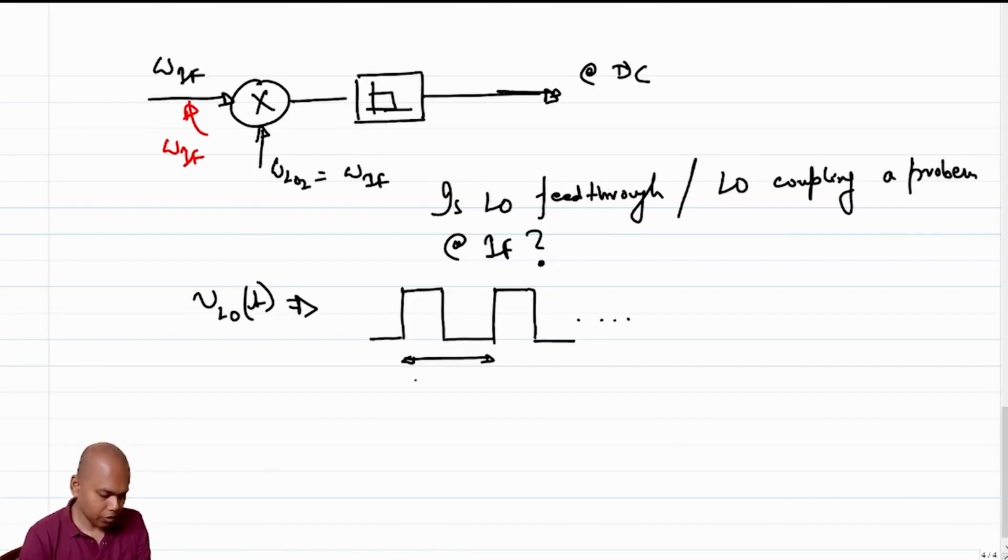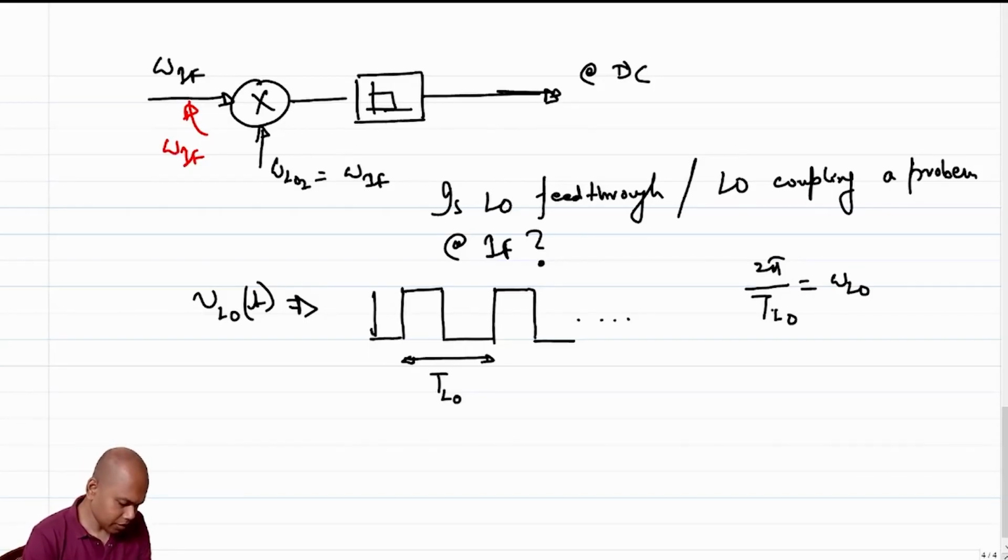The fundamental tone of this is essentially omega LO. So we call this TLO. So 2 pi over TLO is essentially omega LO. Okay, and let's assume this height is 1 volt for the time being.